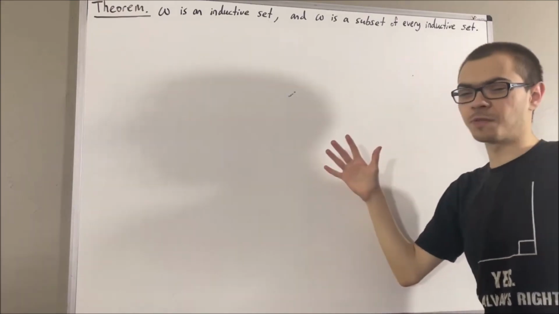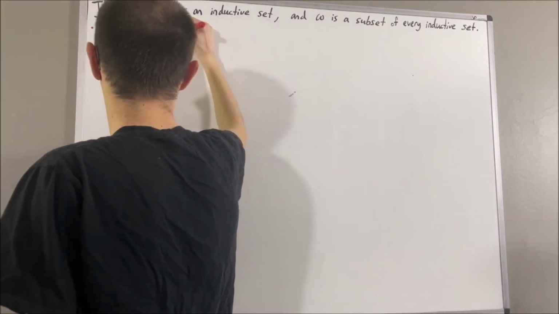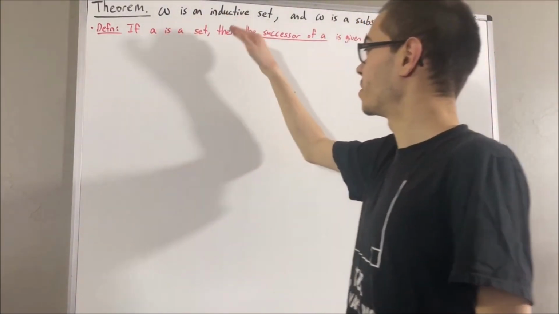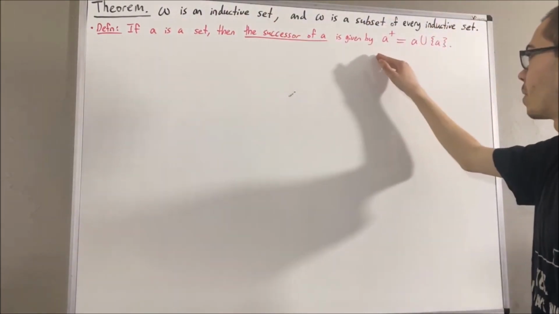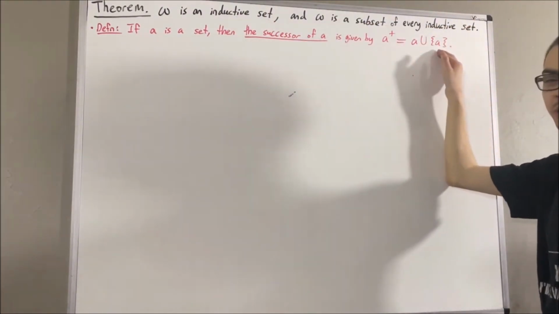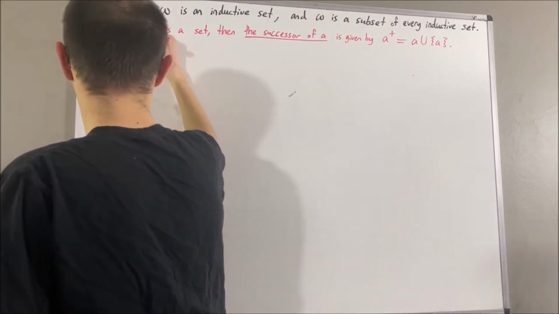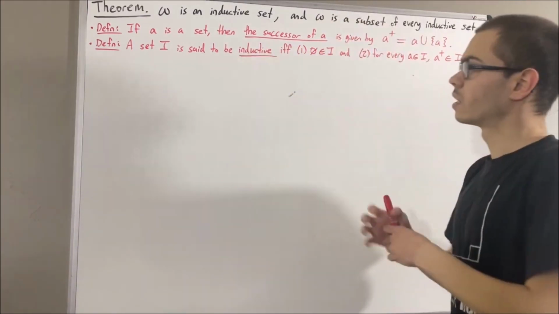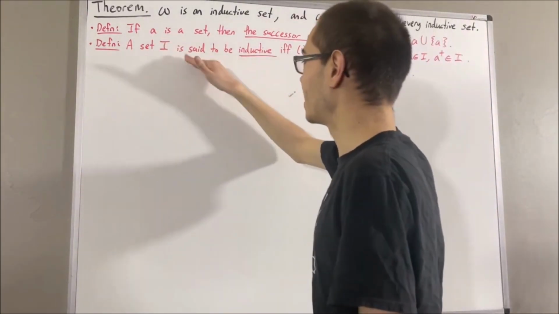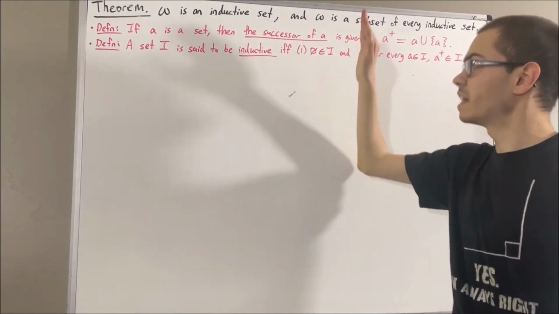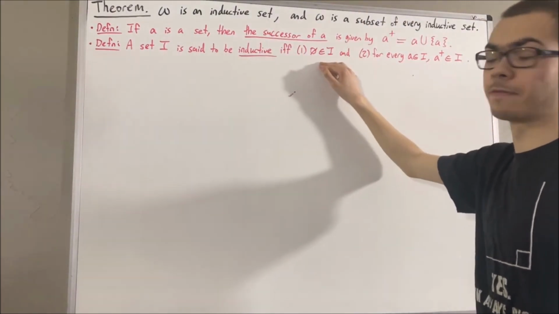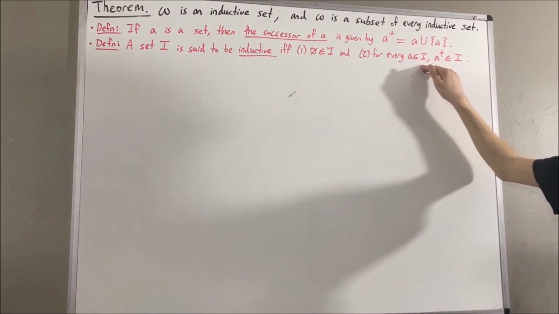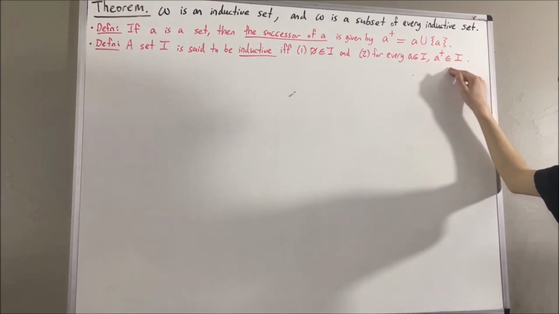So first, let's remind ourselves of some definitions. If A is a set, then the successor of A is given by the union of A and the singleton set of A. And next, a set I is said to be an inductive set if the empty set is an element of I, and for every set A in I, the successor of A belongs to I as well.